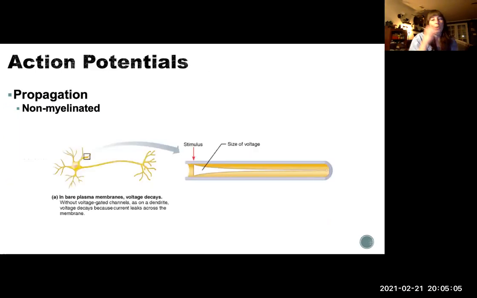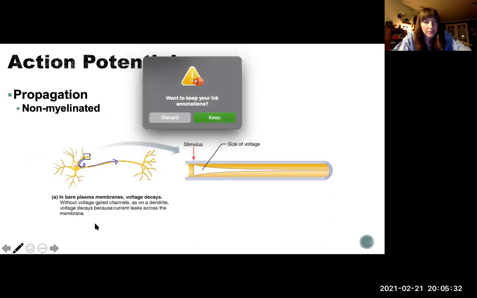Okay, so the way that the signal is propagated is most straightforward in non-myelinated neurons. So check it out. When this signal is a graded potential, it's traveling from the dendrite to the axon, right? Sorry, my bad.